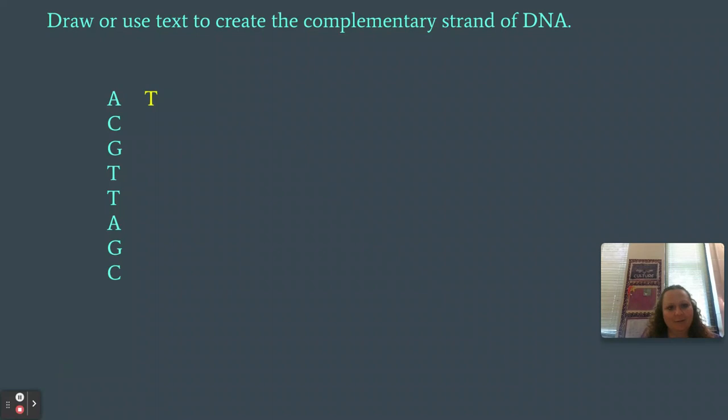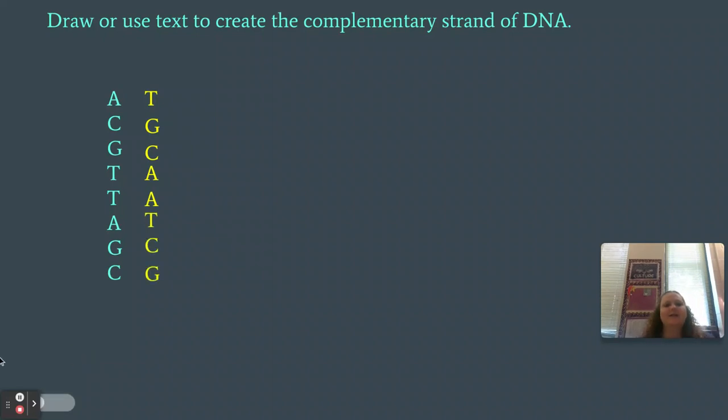C will pair with G. G will pair with C. And T will pair with A. And then as we move through, we can fill in the rest of our complementary strand, just like that.